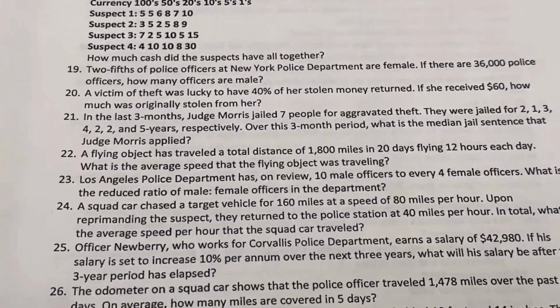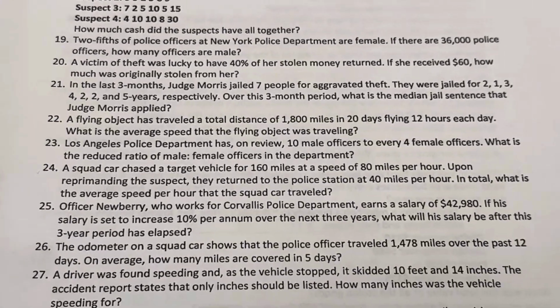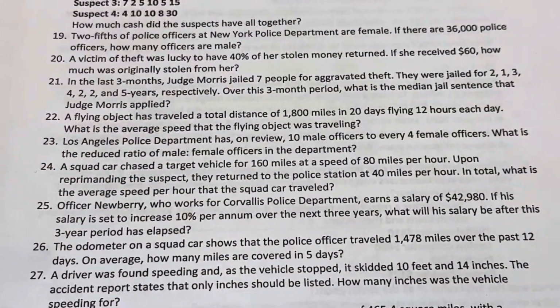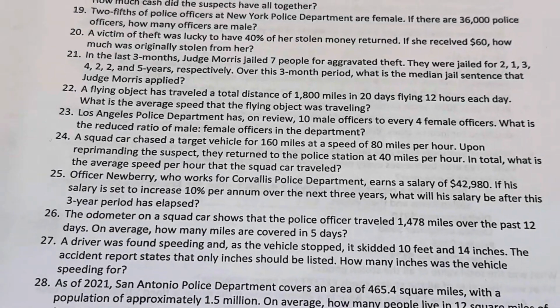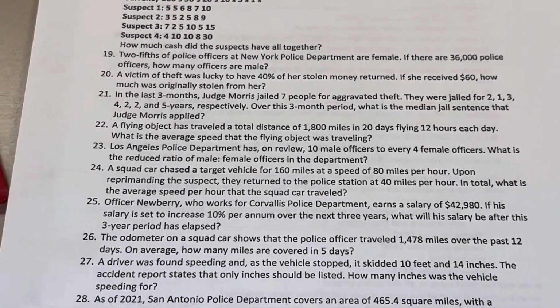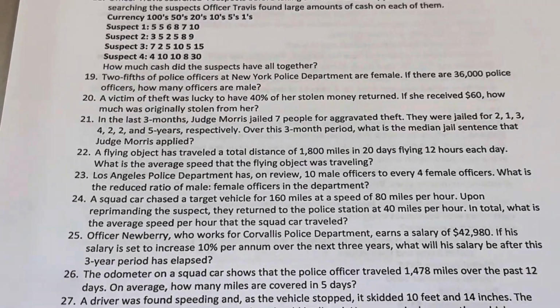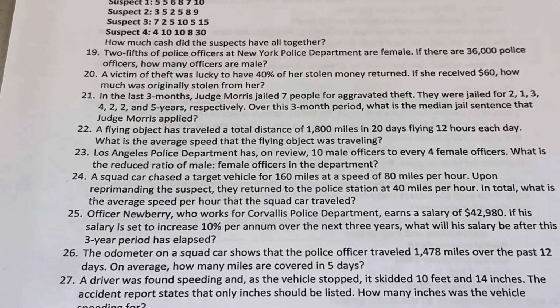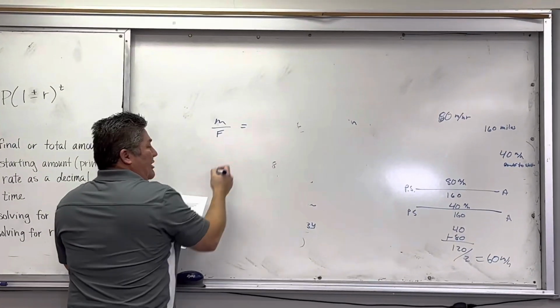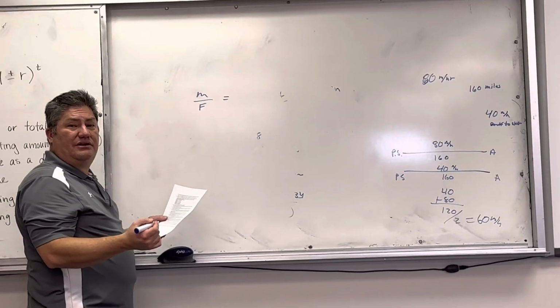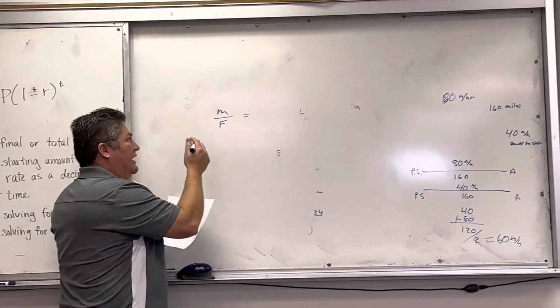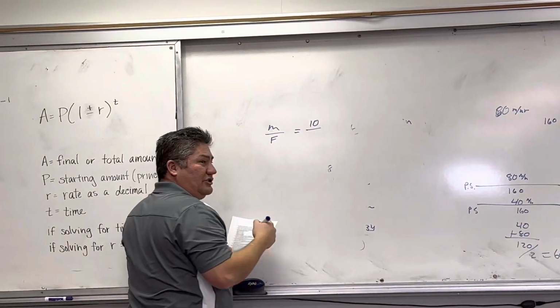23, right? Okay. LA Police Department has on review 10 male officers to every 4 female officers. What is the reduced ratio of male to female officers in the department? So it's male to female. How many male do we have? 10. And how many females do we have?